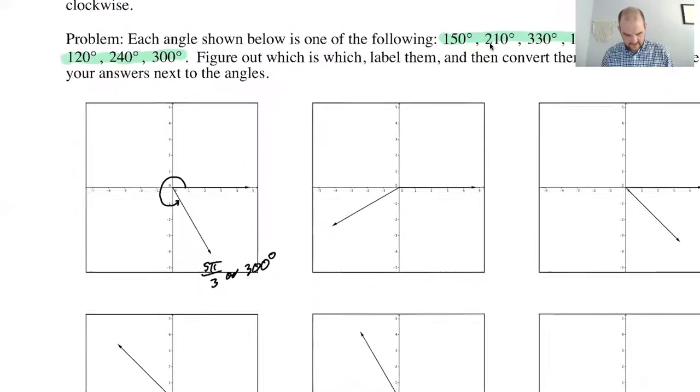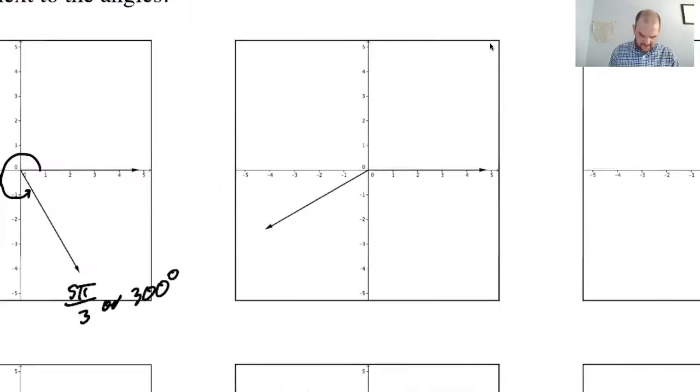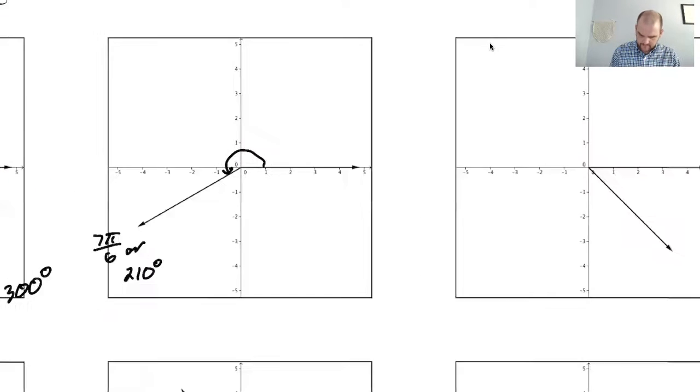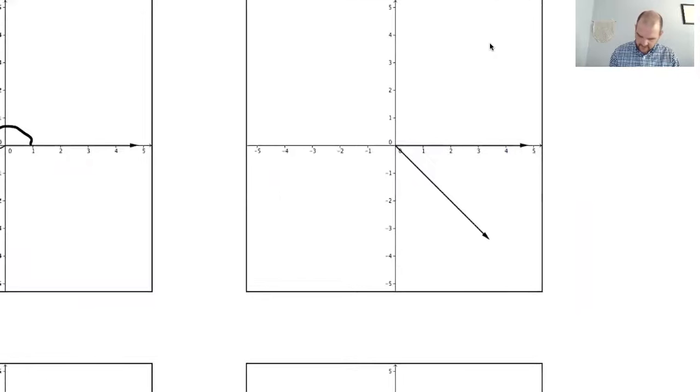And then the next one here is definitely 7 pi over 6, or in degrees, it's 210 degrees. And to get there, we would have rotated like this. All right, this next one is 7 pi over 4, or 315 degrees.